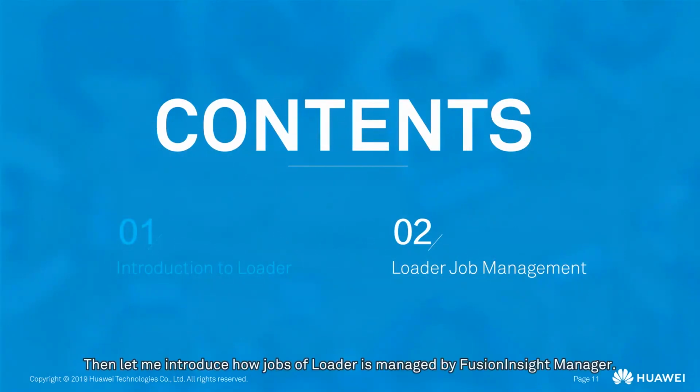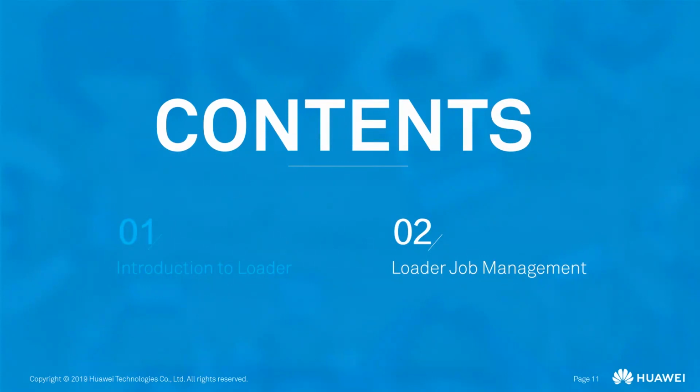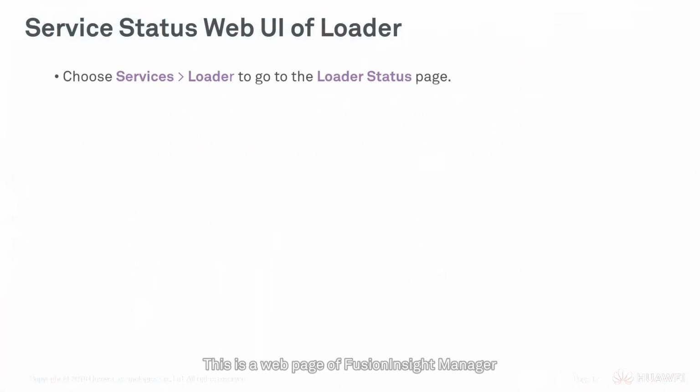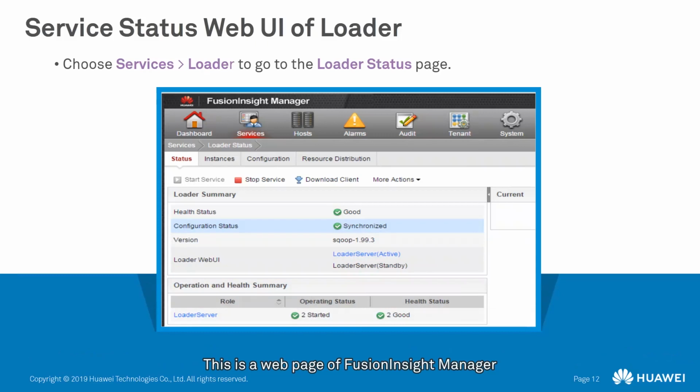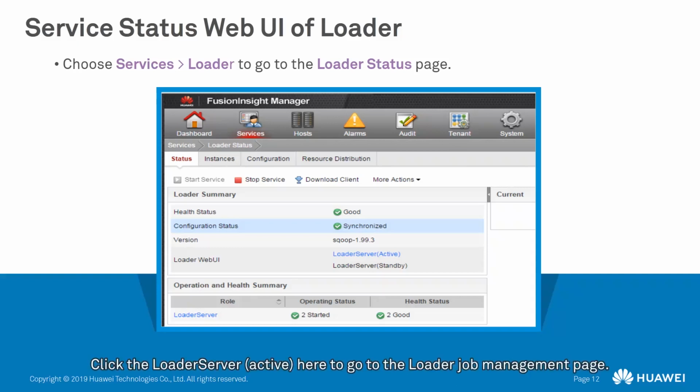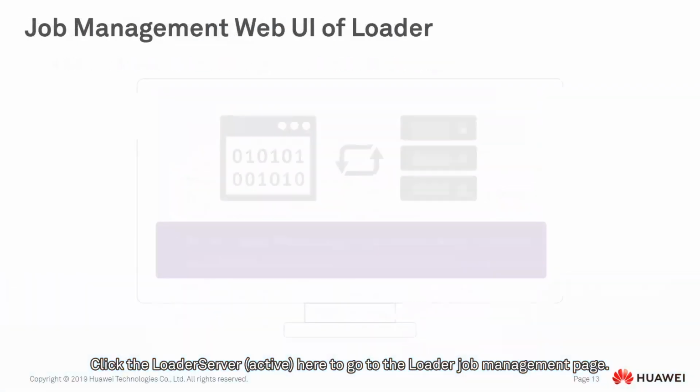Then let me introduce how jobs of Loader are managed by Fusion Insight Manager. This is a web page of Fusion Insight Manager, where we can see the health status of the Loader component. We could also perform operation management, such as starting or stopping services and downloading clients. Click the Loader Server Active here to go to the Loader Job Management page.